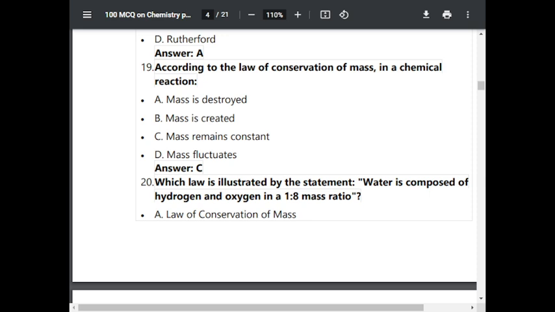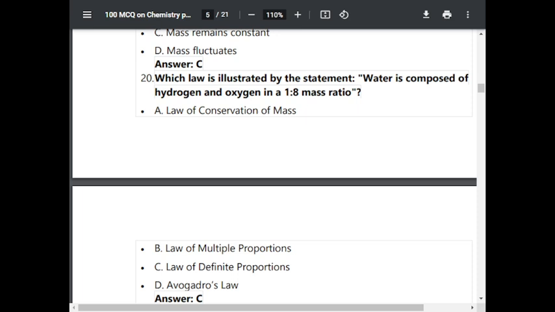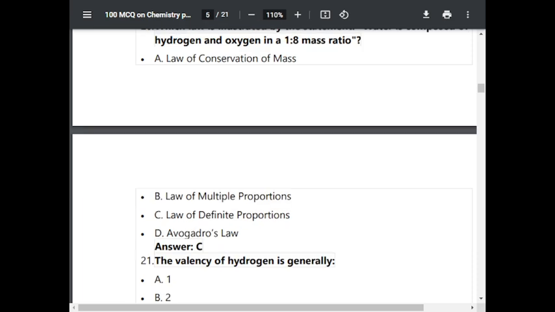Question number 20. Which law is illustrated by the statement that water is composed of hydrogen and oxygen in 1:8 mass ratio? Option A law of conservation of mass, option B law of multiple proportion, option C law of definite proportion, option D Avogadro law.